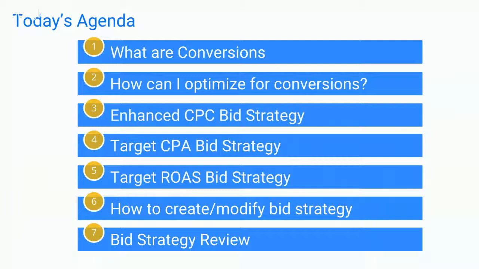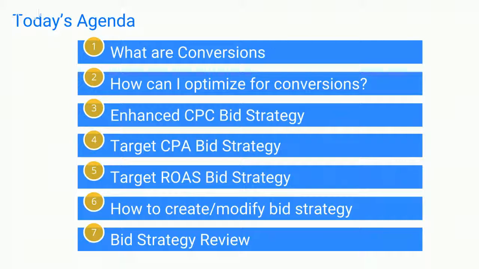So just to go through today's agenda, to give you a quick overview of the types of topics we'll be going into. We'll do a brief recap. Carrie will start with some conversions and how you can optimize for conversions. Then we'll get into some more specifics on individual bid strategy options.